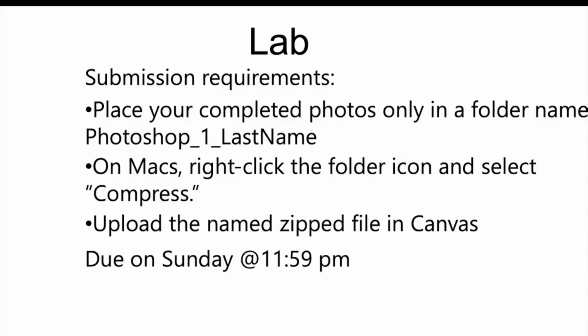I'll have to double check that, but it's either control or option to get a menu to pop up that has the word compress in it. So we're going to compress that folder that you've named with Photoshop 1 and your last name, and it's going to zip it. You're going to have a second file pop up that has a zipper on the front of it. It literally has that on the front of it. And the zipped file is going to go into Canvas. This is going to be due on Sunday at 11:59.